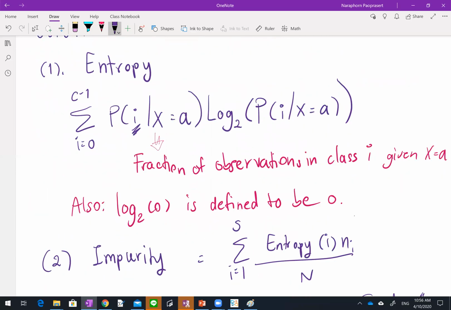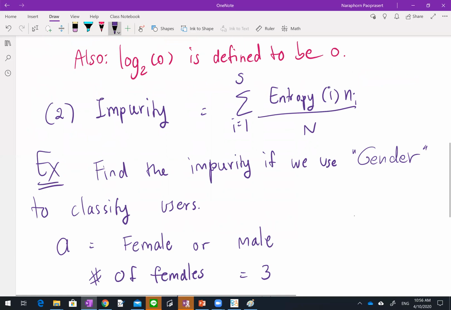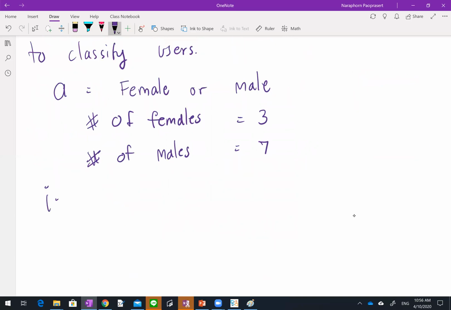For i equals 0, it means no buying of yogurt.